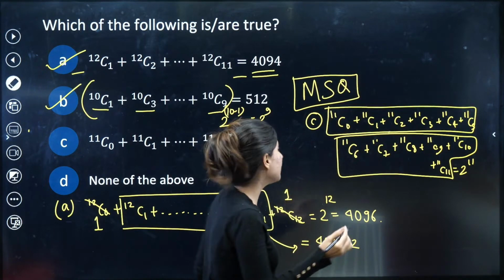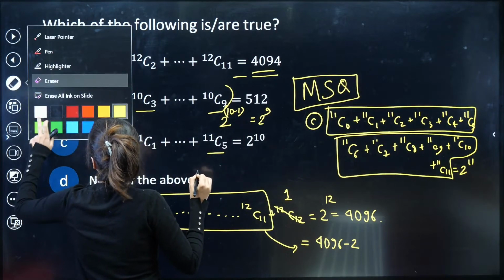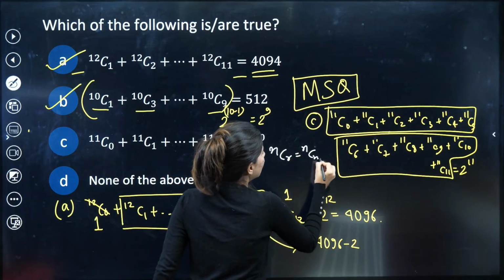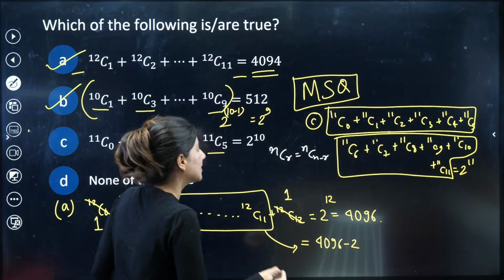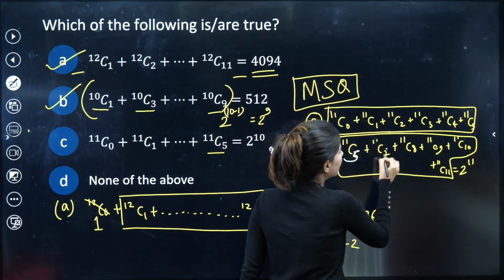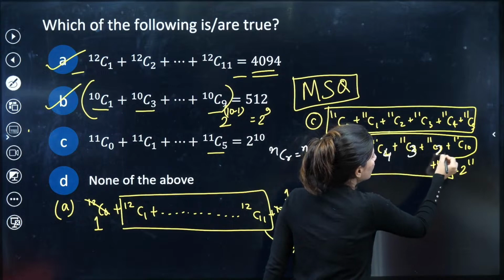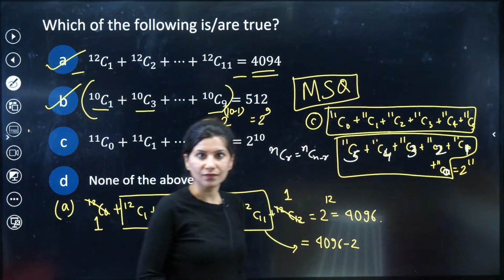Remember that property, NCR is equal to NCN minus R. So 11C6 is equal to 11C11 minus 6, so this is actually 5. 11 minus 7, this is 4. 11 minus 8, this is 3. This is 2. This is 1. And this is 0.